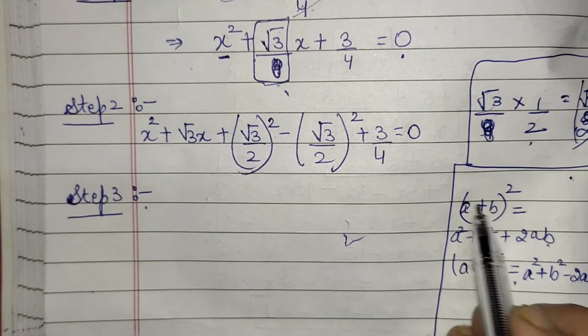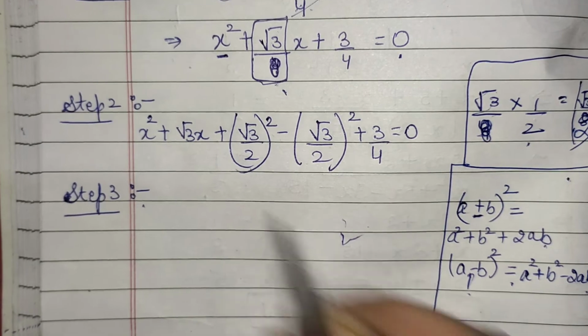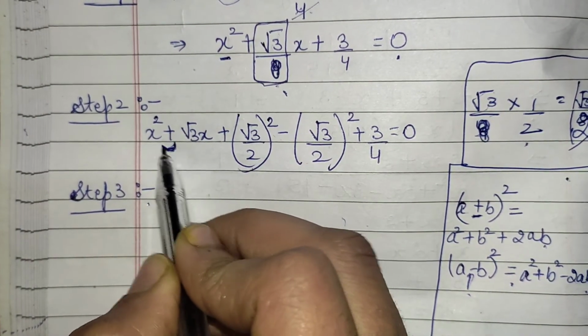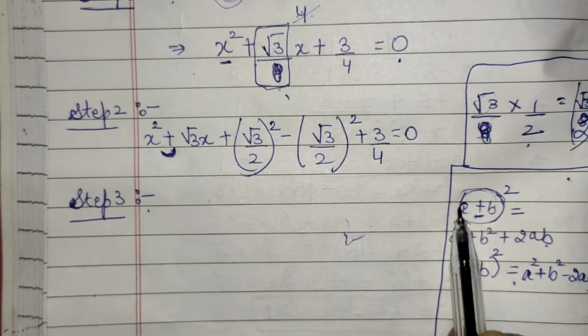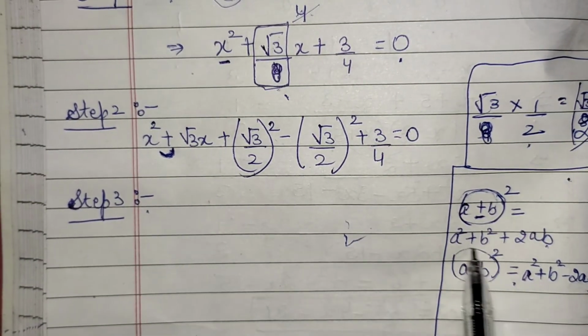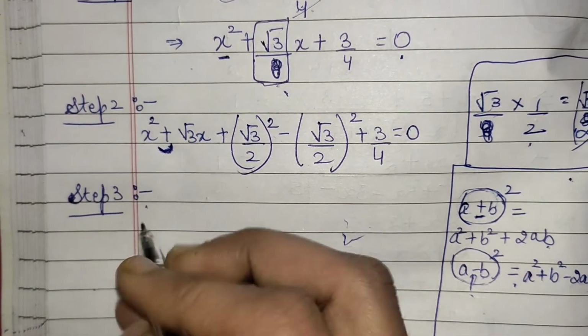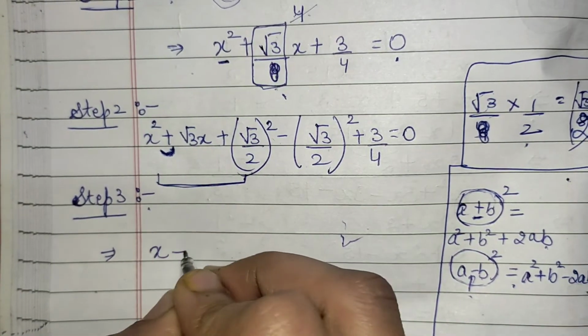So how will you know whether it is plus or minus? By seeing this sign. If it is positive, then the formula will be of a plus b whole square. If this is negative, then the formula will be of a minus b whole square. So take these three values and write down the formula.